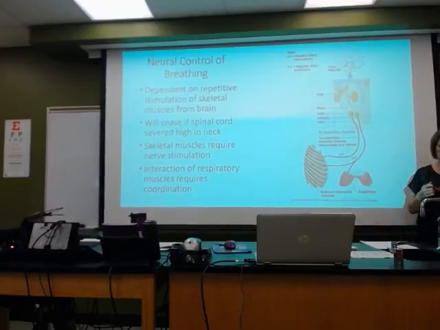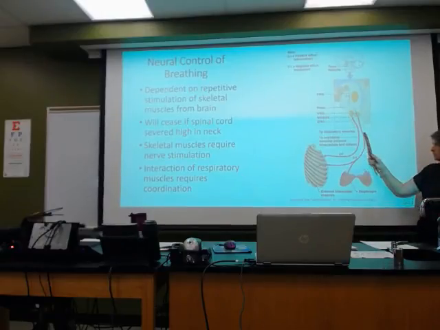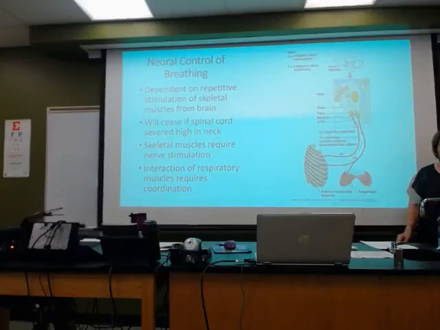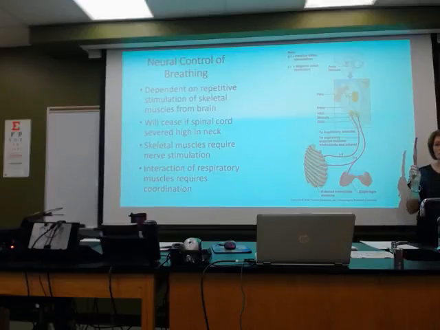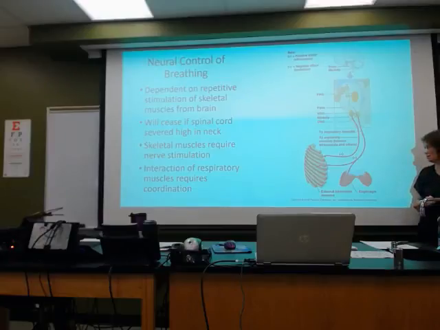What do you notice about the difference? Inspiratory goes to the muscles between the ribs as well as the diaphragm. Well, wait a minute. Expiratory, why is that not affecting the diaphragm?